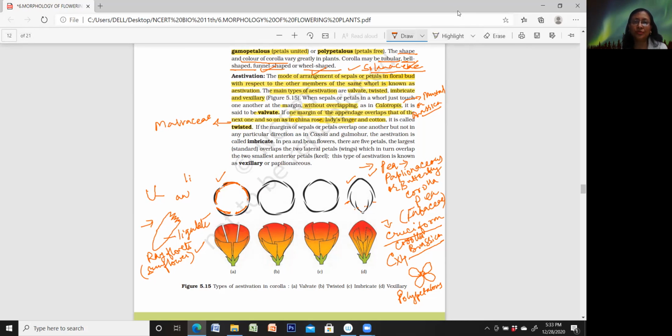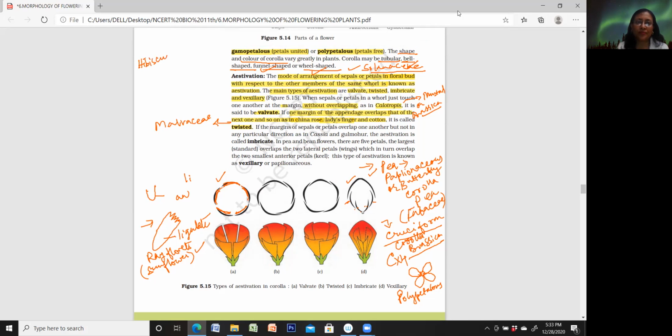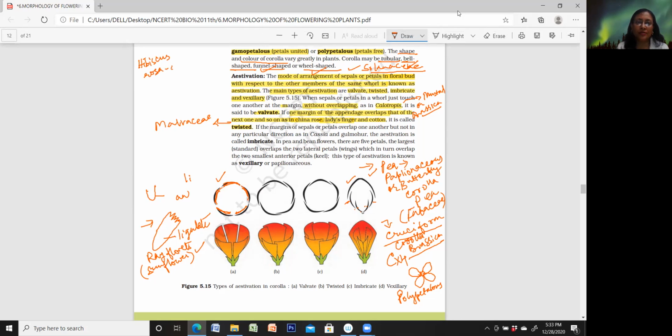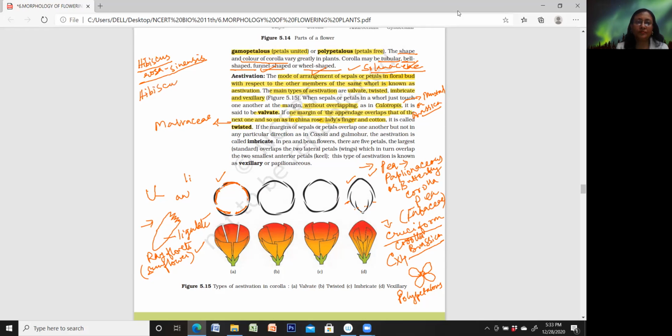If you're also interested to know the names, China rose, you must be knowing, is Hibiscus rosa-sinensis. The word sinensis means the origin is in China, then only you get this name. So it's a China rose. Lady's finger is Hibiscus esculentus, though the other, older genus name is Abelmoschus, Abelmoschus esculentus.